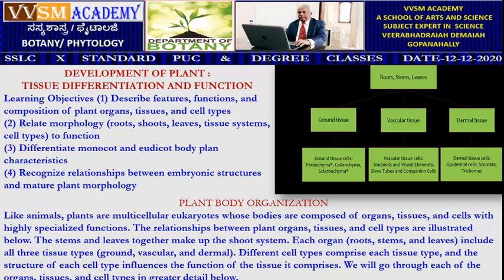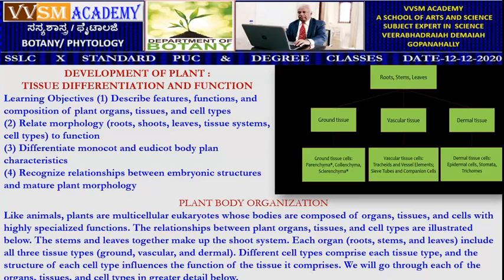Each organ, roots, stems and leaves, includes all three tissue types: ground, vascular and dermal tissues. Different cell types comprise each tissue type, and the structure of each cell type influences the function of the tissue it comprises. We'll go through each of the organs, tissues and cell types in greater detail in the forthcoming slides.